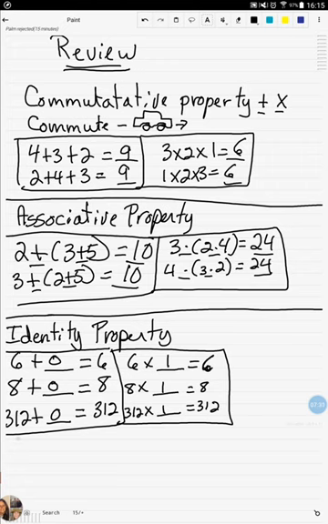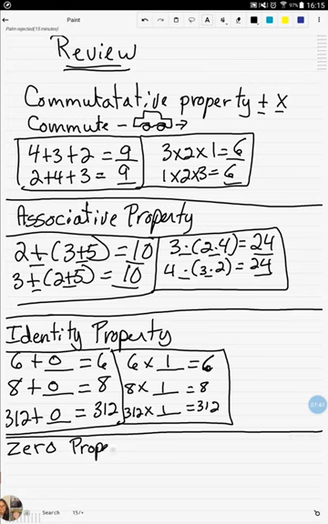Now, the 0 property doesn't work for addition. That's a multiplication property. 0, I feel like Zorro when I read 0. 0 property, right, is what happens when I multiply by 0, right? So, if I have 6 times 0, my answer, if I have no times 6, how many times do you have 6?